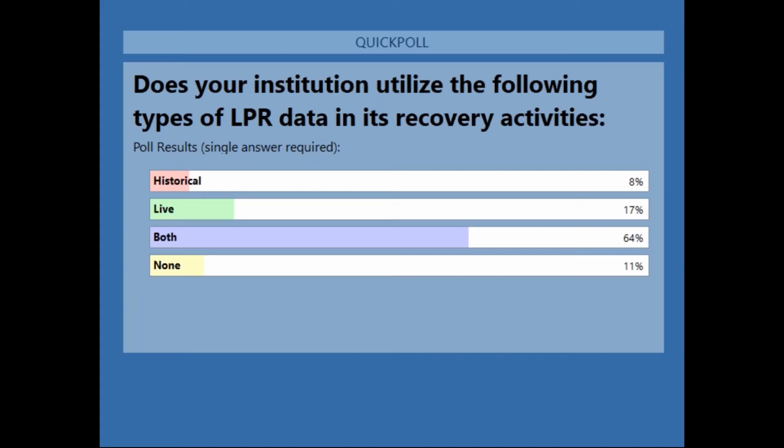So you can see that about two-thirds of the group is using both live and historical data in their LPR activities, and only 11% of the group is not using LPR at all.